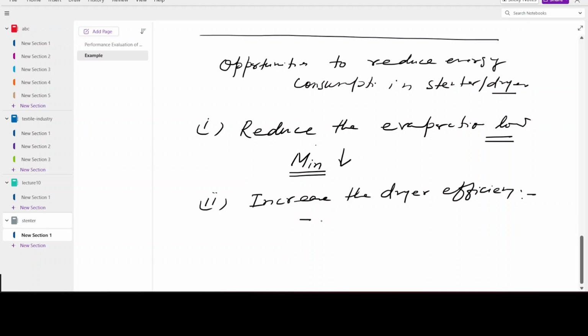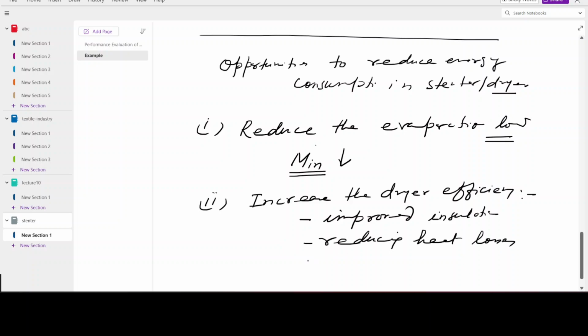We can use improved insulation, reducing heat losses, or installing heat recovery.